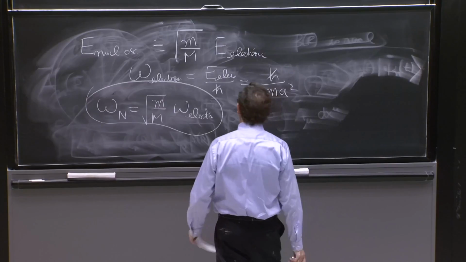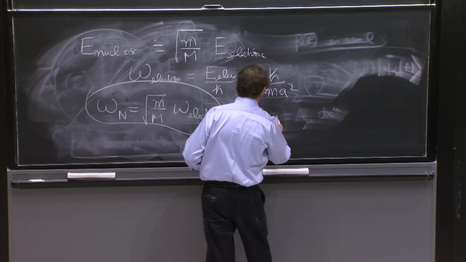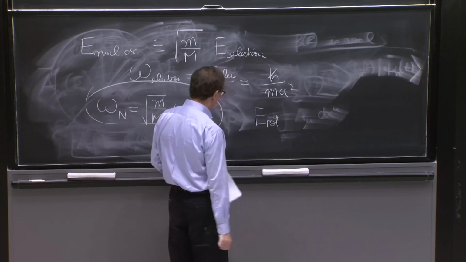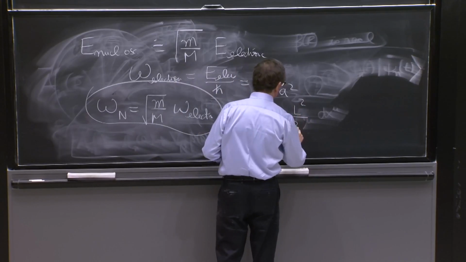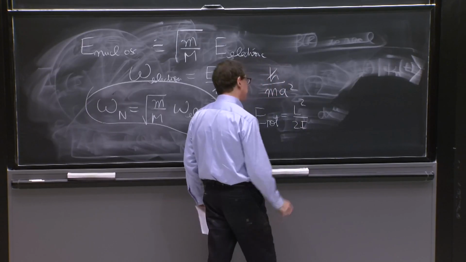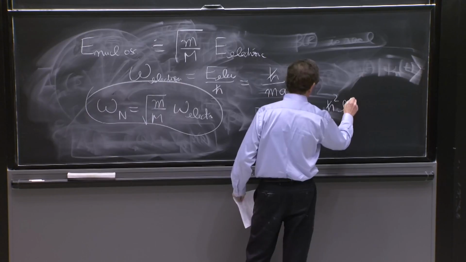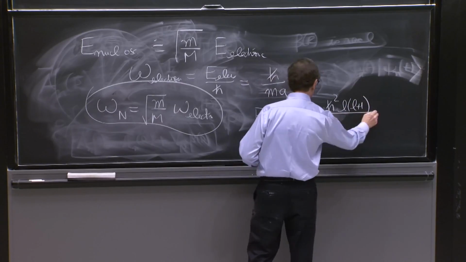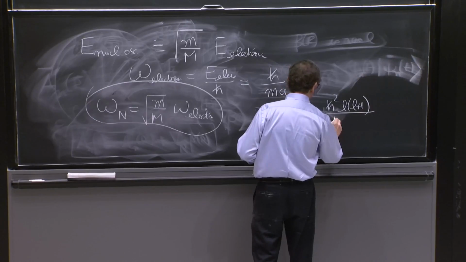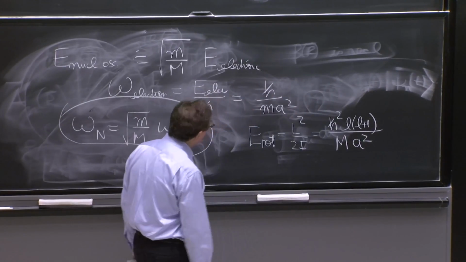A last comment is that the rotational energy of the molecule goes like the angular momentum squared over twice the moment of inertia. L squared is h bar squared times some numbers, as usual, l times l plus 1. And here you get the mass of the molecule times the size squared of the molecule.